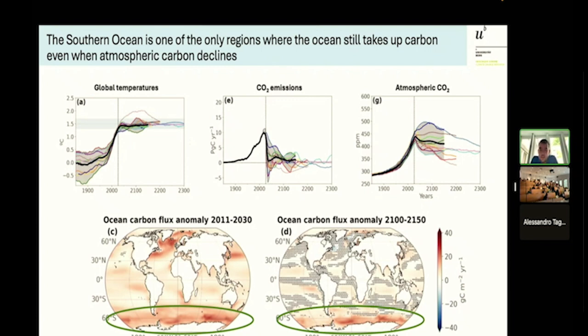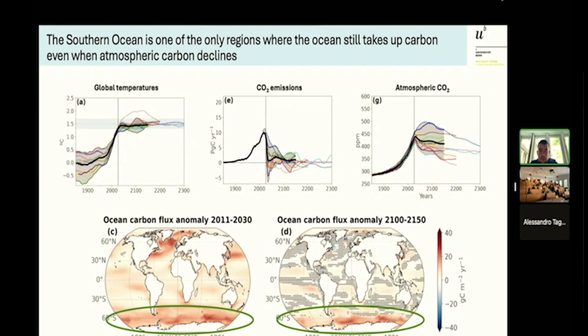And I said the ocean, but what actually takes up the carbon is the Southern Ocean. So it's the Southern Ocean that continues to do a great service as a natural carbon sink. If we didn't have the Southern Ocean, the situation would be quite different in terms of global warming and allowable emissions.